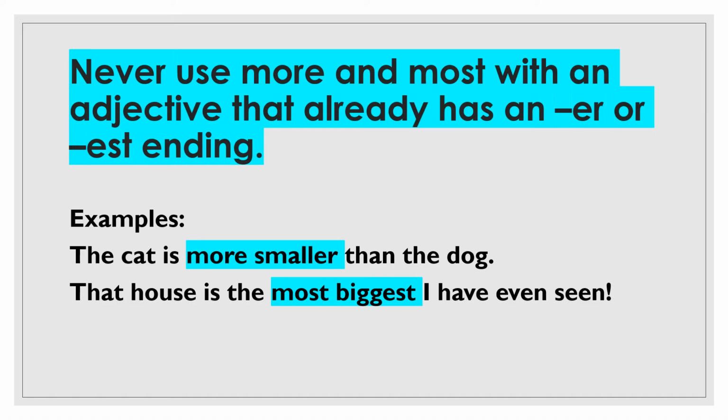The second one, that house is the most biggest I have ever seen. Again, big is a one-syllable word, so you would just add the EST. The house is the biggest I have ever seen. So again, do not use more and most with an ER and an EST.